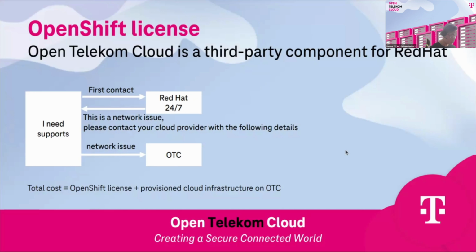They also provide a powerful analysis tool so that you can debug and collect the logs, which helps you identify issues more easily. After this first contact, if Red Hat sees that the issue is coming from their side, they will support you in solving it according to their service level agreements.